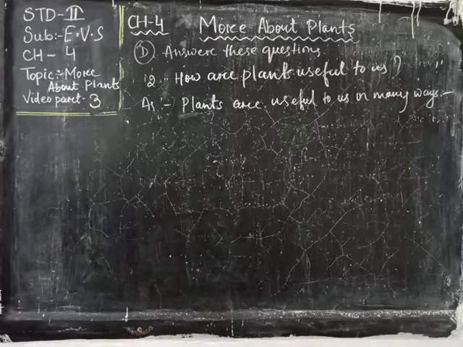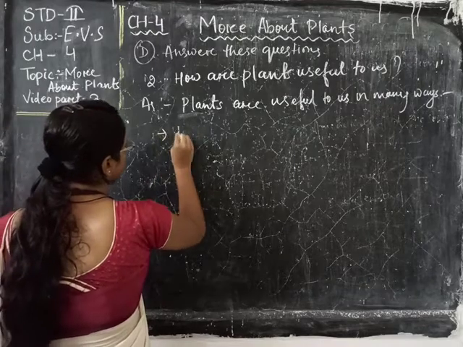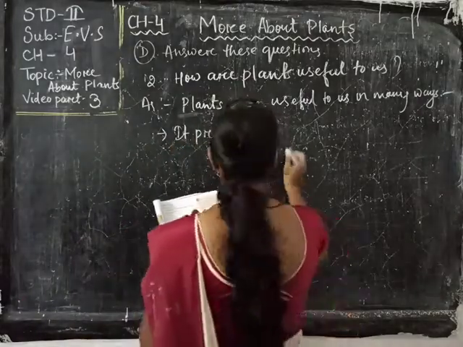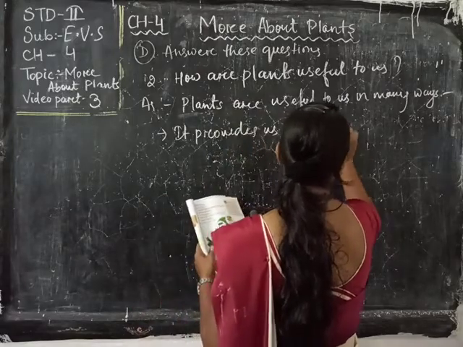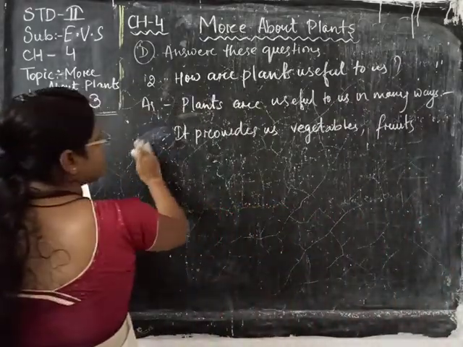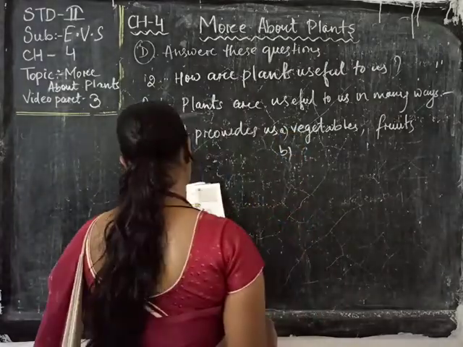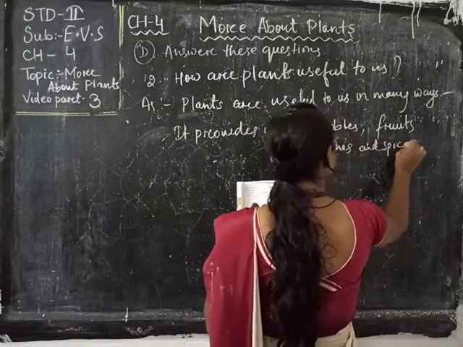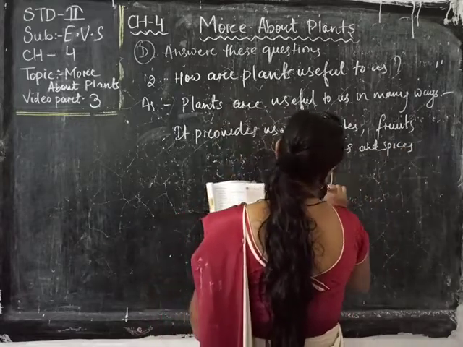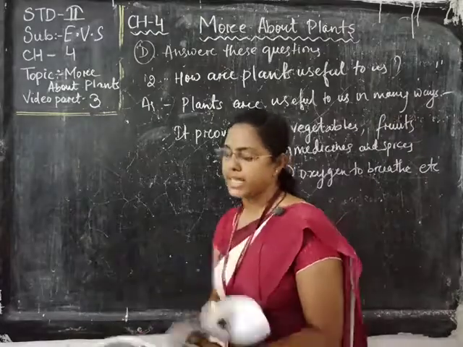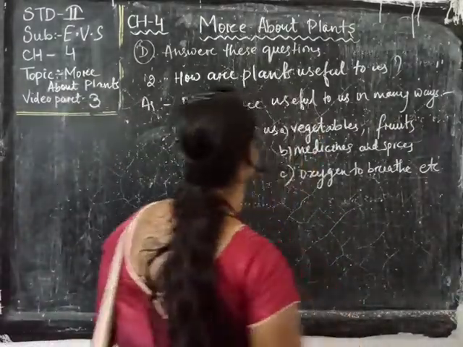They provide us vegetables, fruits, medicines and spices, oxygen to breathe, etc. There are more things which we can write, but you can write according to the marks.